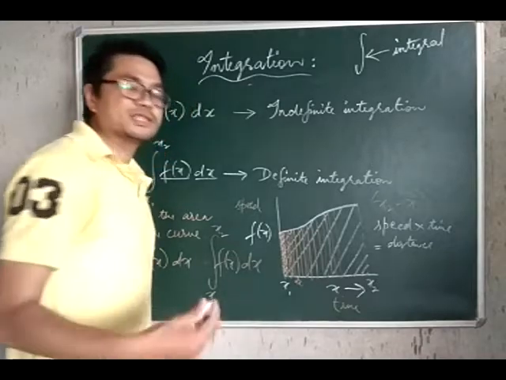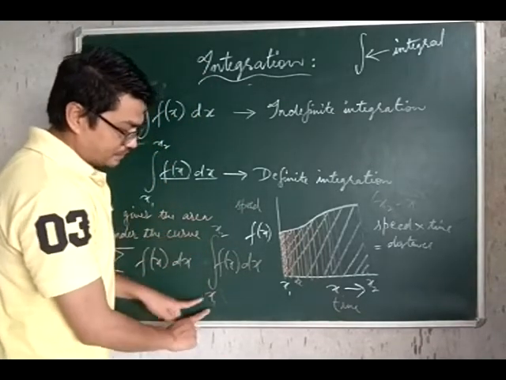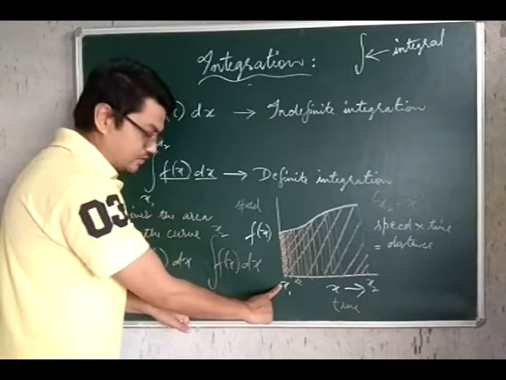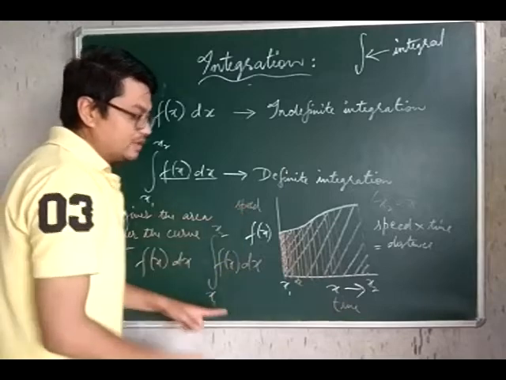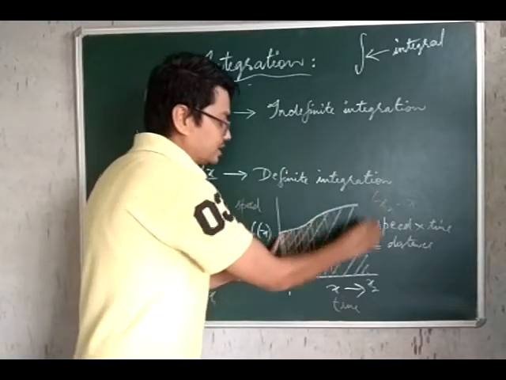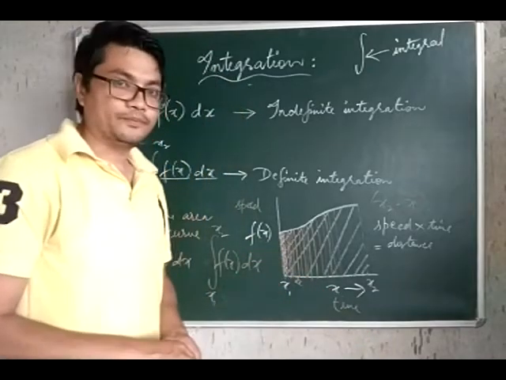What is it giving you? It is giving you the distance traveled. And integration from this value of time t1 to this value of time t2 of f of x is giving us the total distance traveled from time t1 to time t2.